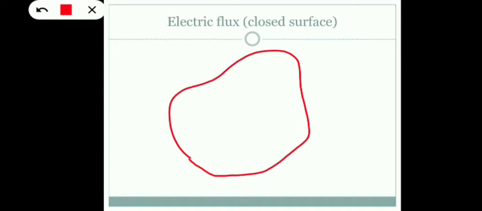Let's see. So here, if we want to find out the electric flux of this whole body, we need to divide this body into small area elements like this.